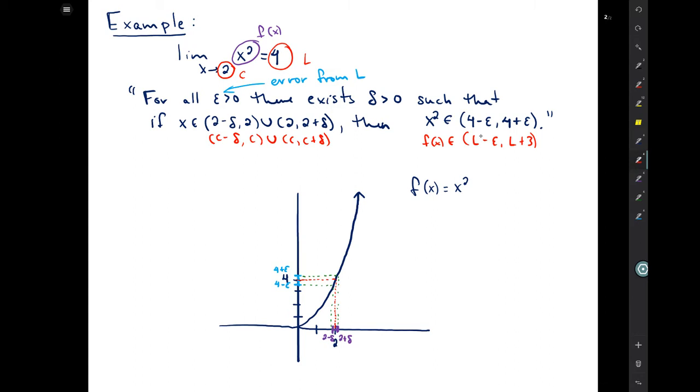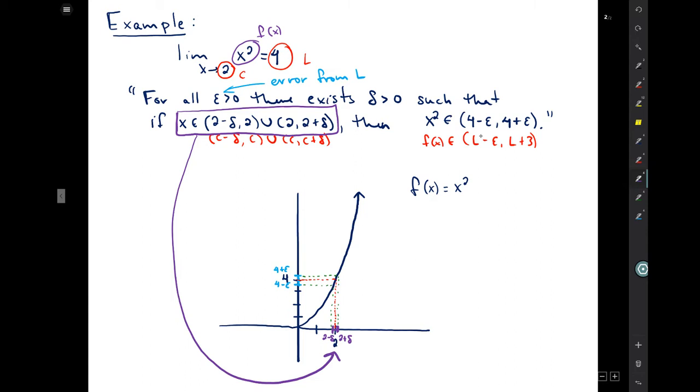That's exactly what the second part of this definition means. If x is within this teeny tiny little delta window here, then x squared, the values of my function, are in this teeny tiny little epsilon window here. That's what those two intervals are telling me.